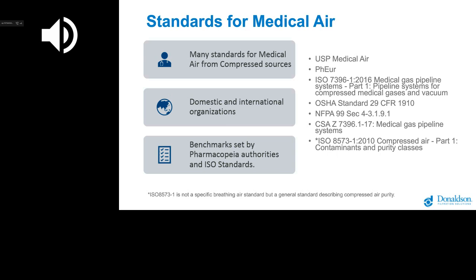You will notice that we've included on this slide a specification, ISO 8573, which is for compressed air purity. This in itself is not a breathing air standard, but is well used within the industry to identify the quality of compressed air required for different applications. And we will speak about that in a little more detail shortly.